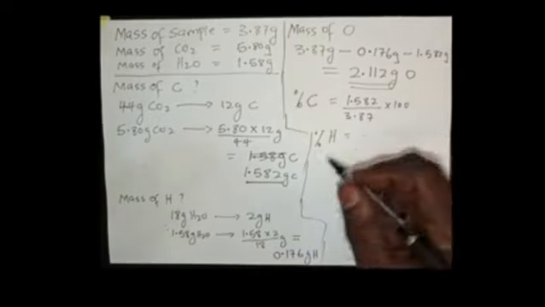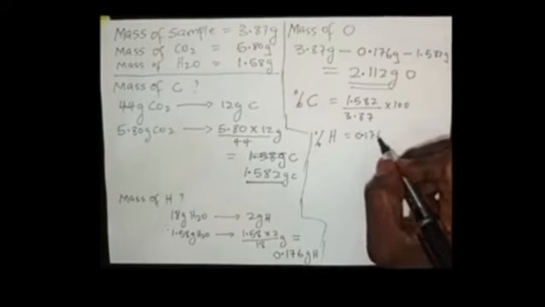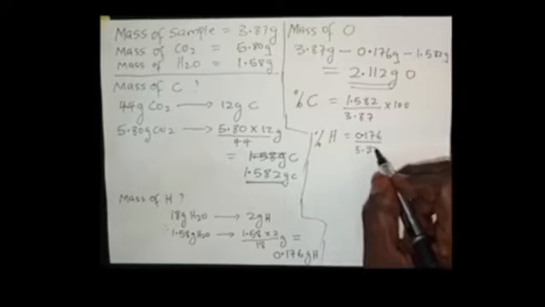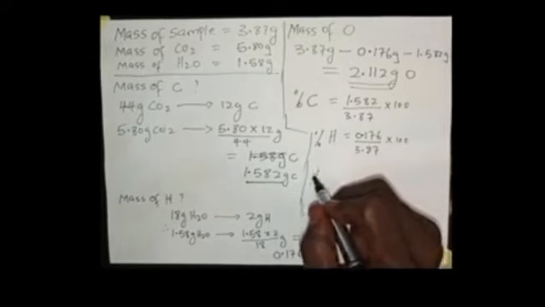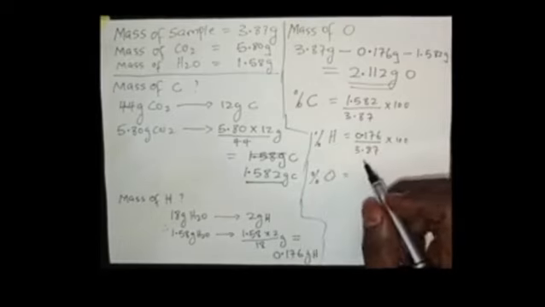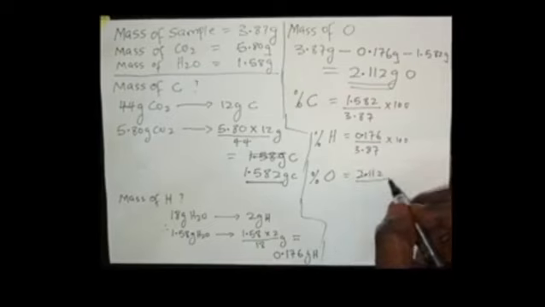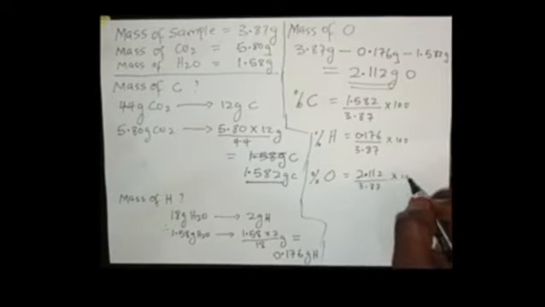The mass of hydrogen obtained here is 0.176. I'm dividing by the total mass, which is 3.87, multiplied by 100. Same is applicable to oxygen. So the percentage of oxygen is going to be equal to 2.112 divided by 3.87 multiplied by 100.